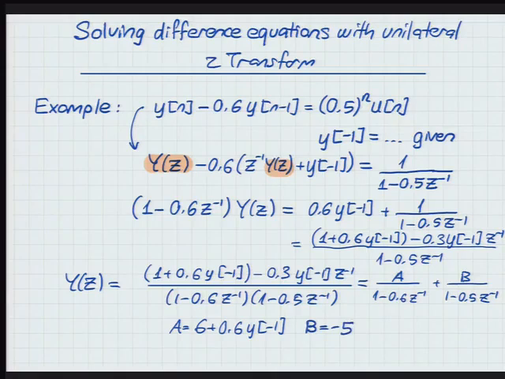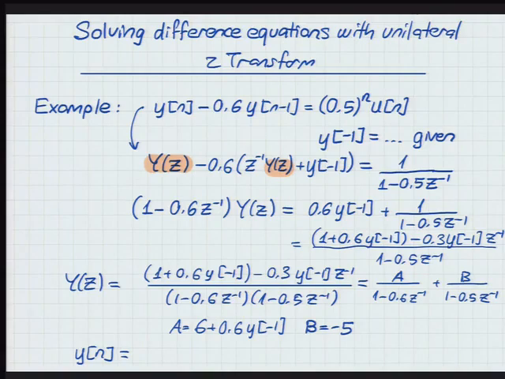All right? So from that, we can figure out what the solution is. So y of n is just the inverse Z transform. We're going to get a right-sided signal, so the unilateral and bilateral coincide in this case.